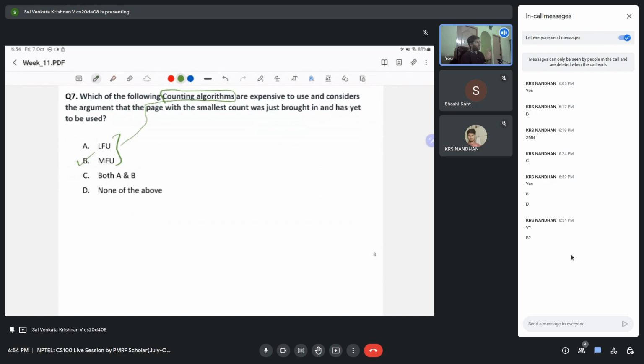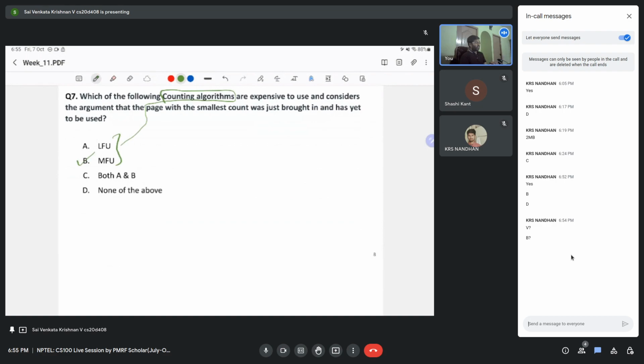So what is the maximum n value that you should be storing? Is it a 64-bit value or a 32-bit value? For each page you should be maintaining that count value. So counting algorithms in general are very expensive to use, because apart from the page that you are storing, you should be maintaining this metadata for storing that count, and incrementing the count on each reference or decrementing it. So that extra overhead is very expensive.